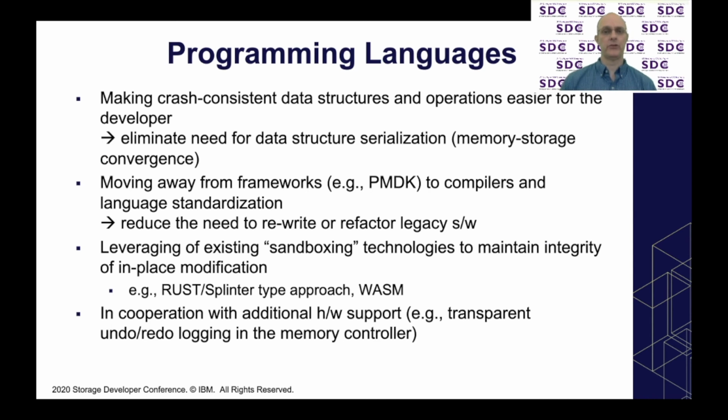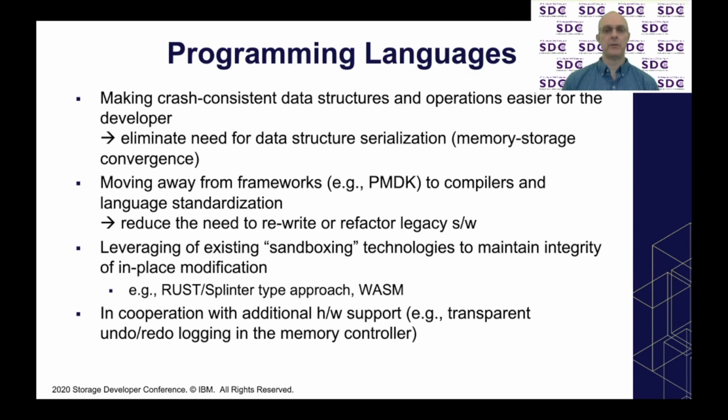Programming languages are also another thing of importance. Making crash-consistent data structures and operations easier for the developer is going to be fundamental to the success of this technology. Today we sort of have to craft things by hand, rewrite software according to frameworks and so forth.